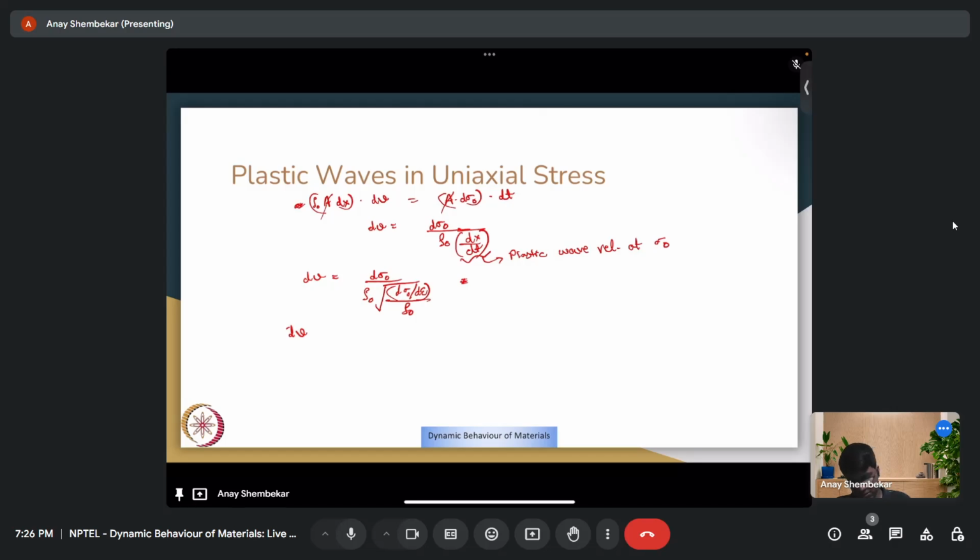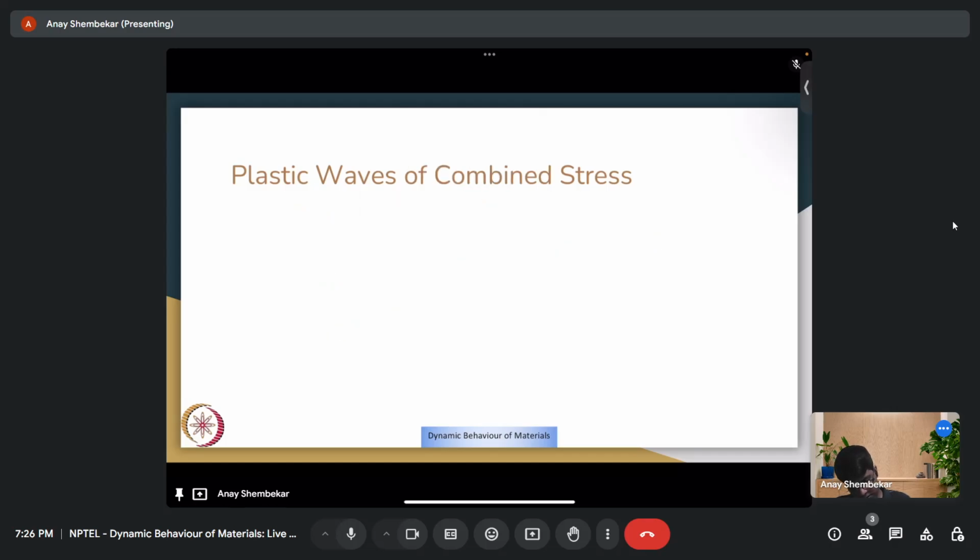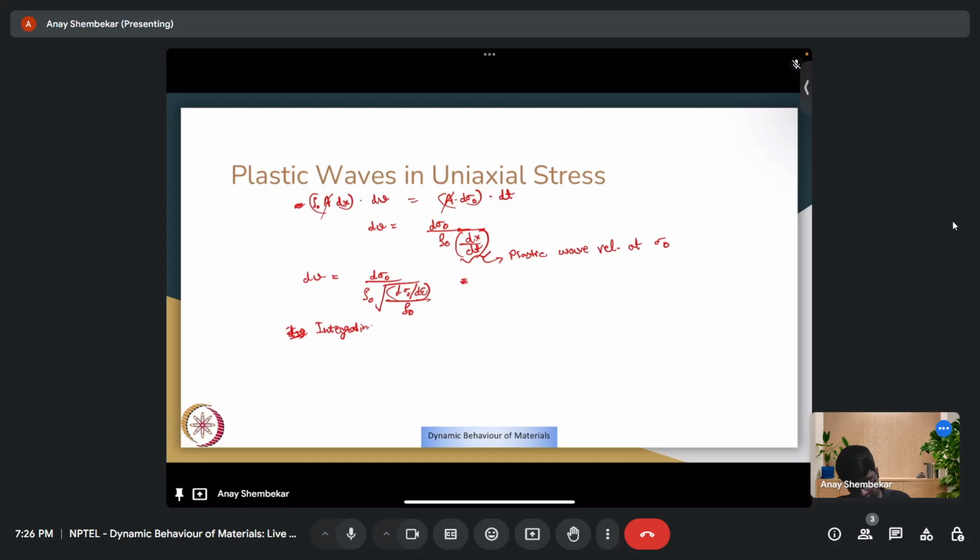If I integrate this, what do I get? Integral dv is the integral of 1 over rho naught, d sigma naught upon Vp naught.